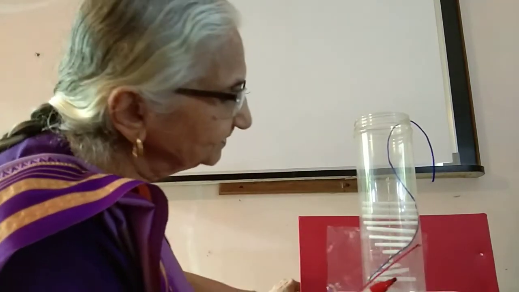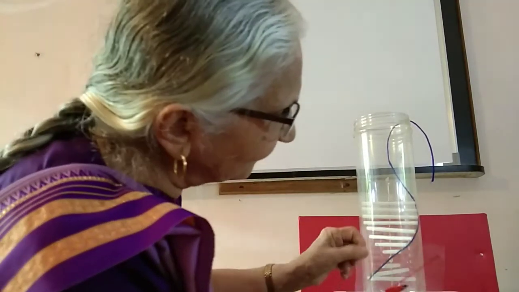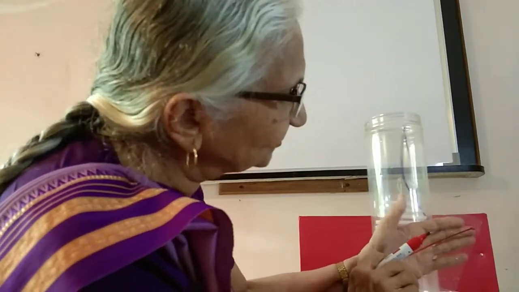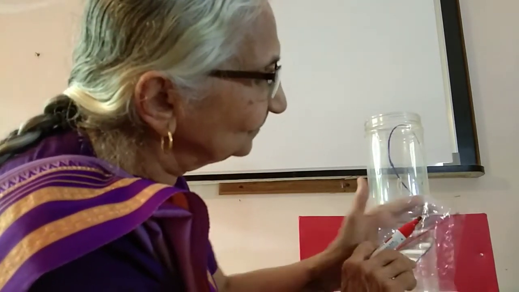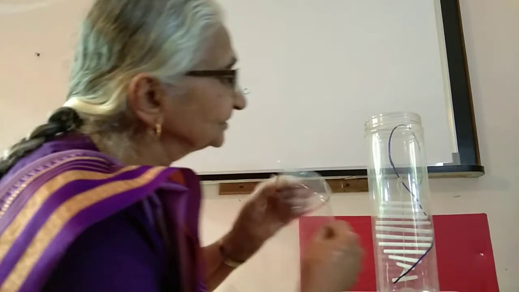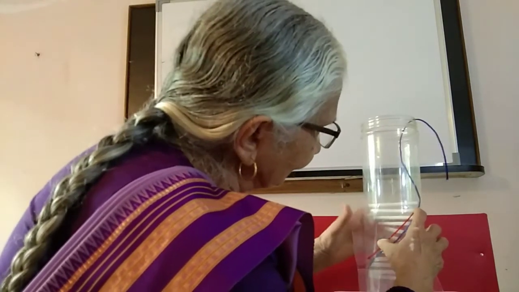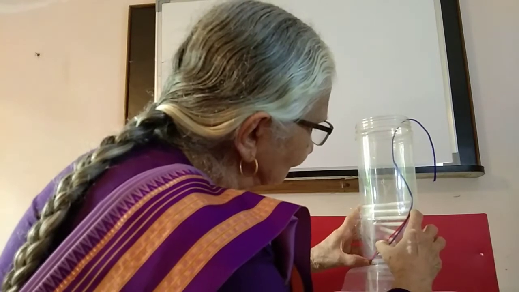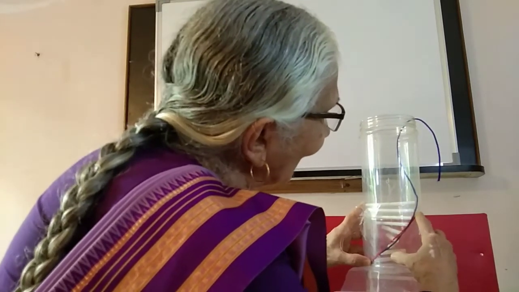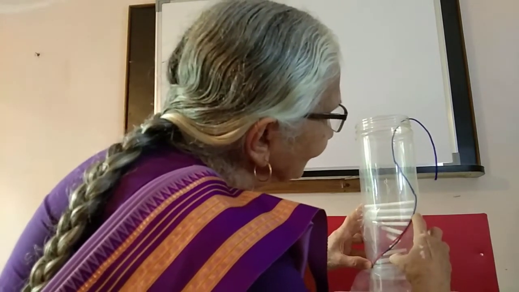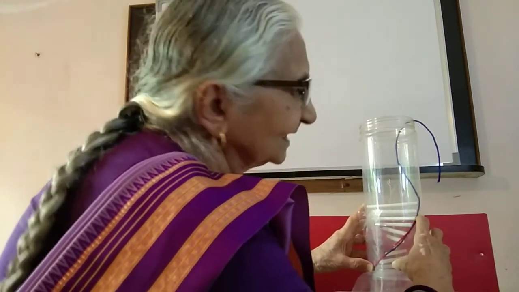So we have joined, as you can see here, the 2 points which we had marked with a straight line. And now you can see that if you put them back on the cylinder, the 2 points are on the cylinder, and as you can see, the straight line coincides with the helix.